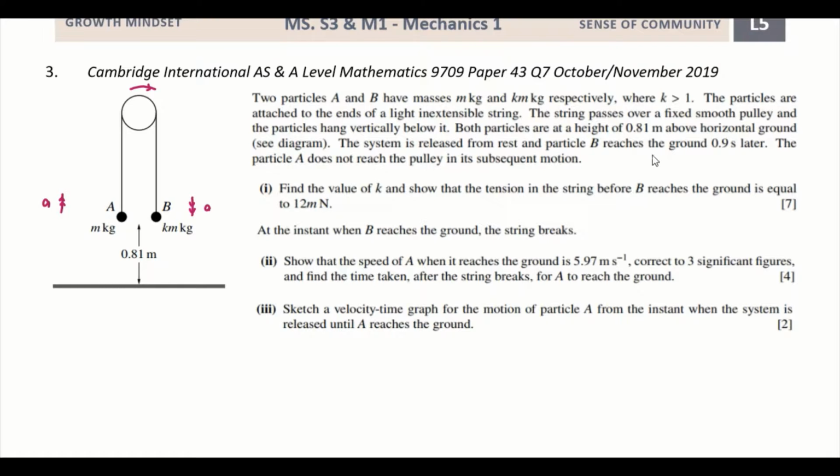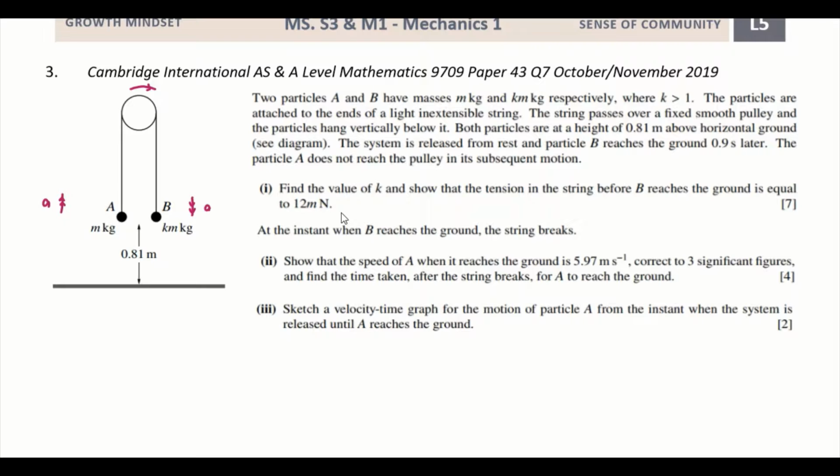Then particle B reaches the ground 0.9 seconds later. Particle A does not reach the pulley in its subsequent motion, which means particle A is somewhere still here, so it didn't pass over the pulley. That's the idea. Find the value of k and show that the tension in the string before B reaches the ground is equal to 12m Newton.